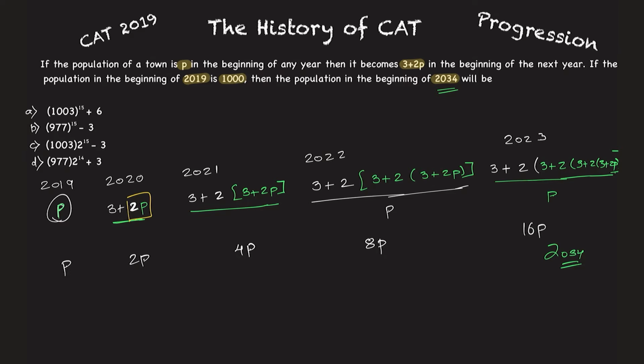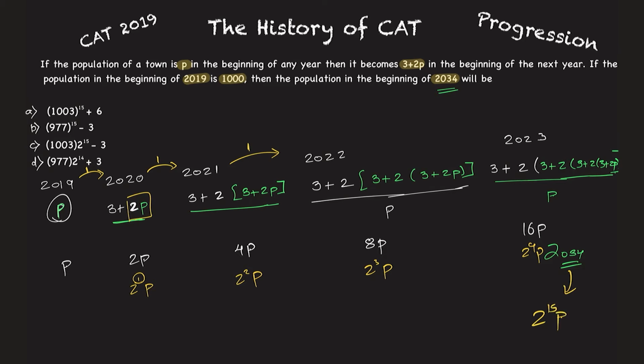So what do I understand from this? The p has a pattern: 2 raised to 1 times p, 2 raised to 2 times p, 2 raised to 3 times p, 2 raised to 4 times p, which means every jump adds 1 to the power. How many jumps are we taking from 2019 to 2034? 15 jumps, which means the power in 2034 will be 2 raised to 15 times p.